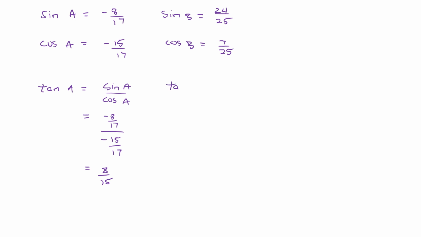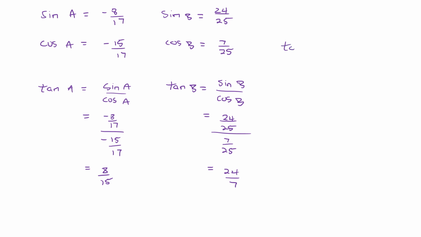Then the tan of B will be the sine of B over the cosine of B, which will equal 24 over 25 divided by 7 over 25, which equals 24 over 7.